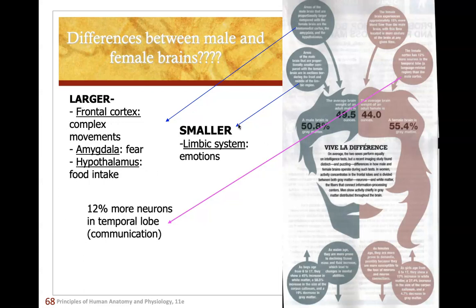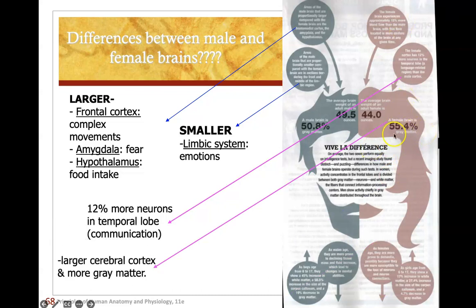And then women oftentimes have about 12% more neurons in the temporal lobe, which is associated with communication. Also, typically, women have a larger cerebral cortex and more gray matter. You can see the average percentage of gray matter in women is 55.4%, and male is 50.8%. So this tells us there are some intrinsic differences, but those differences don't necessarily translate to different abilities.